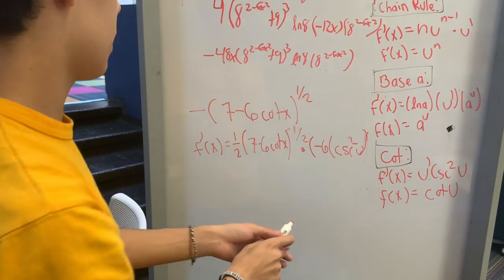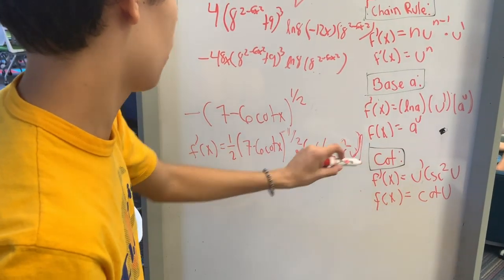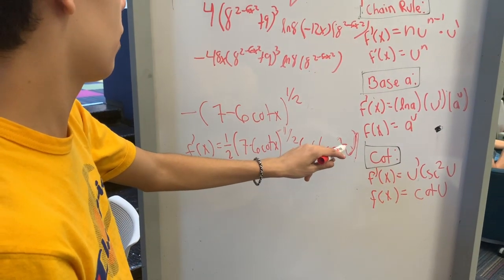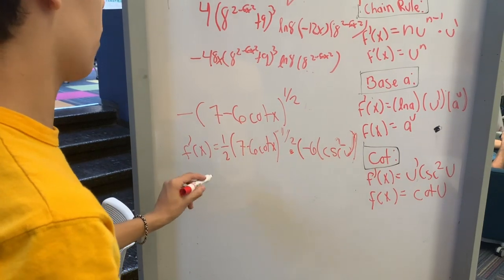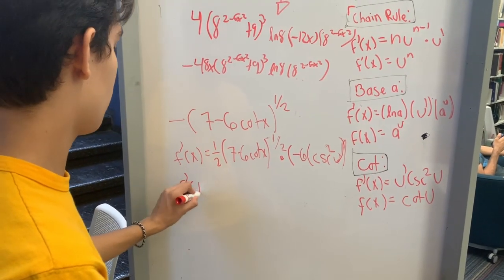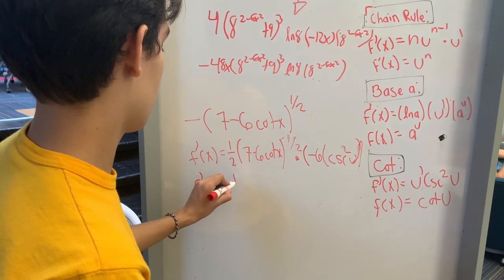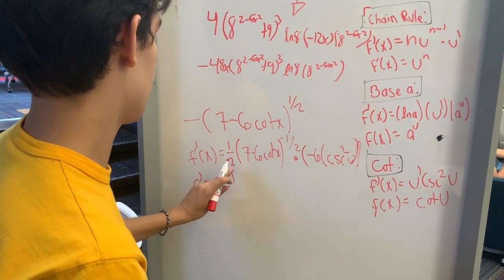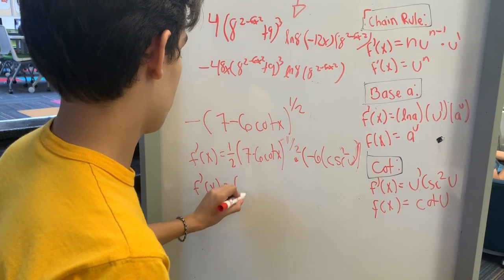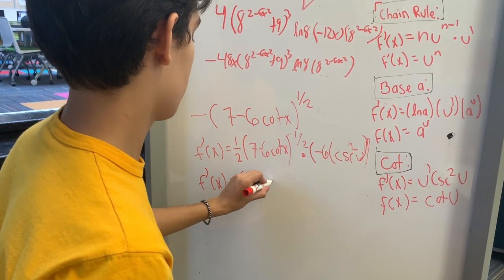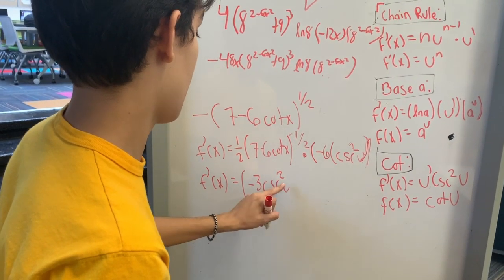Now that we have this, we multiply it to this because it's a monomial. So now we write it as minus, so this multiplies, so it's minus 3 cosecant squared x.